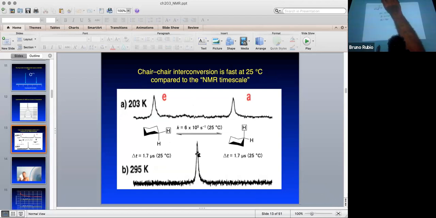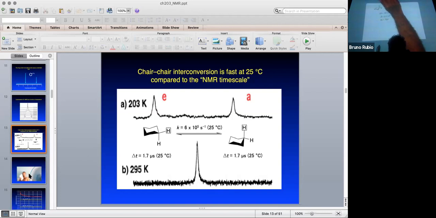So because of Heisenberg uncertainty, what the NMR sees at room temperature, where the lifetime of the state is less than the half a second that's required, is an averaged signal, right? We don't see axial and we don't see equatorial. What we see is the average of where the equatorial chemical shift is and where the axial chemical shift is.